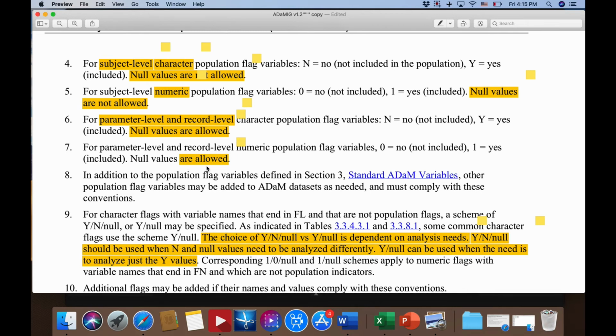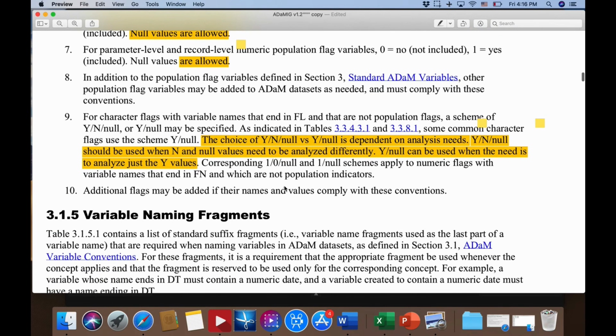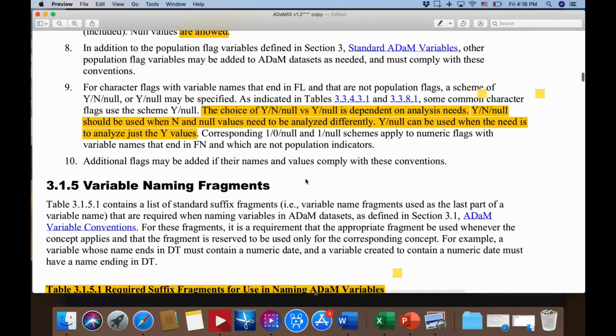So please pay more attention that your variable values are either Y and null, or just Y and null. So take more care with those flag variables.